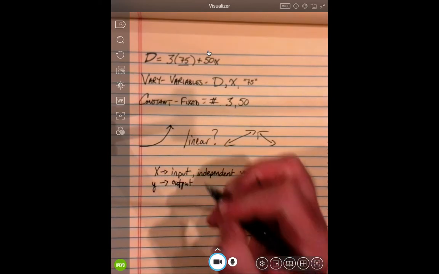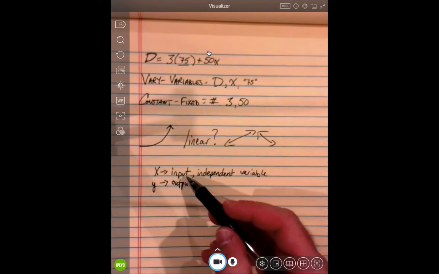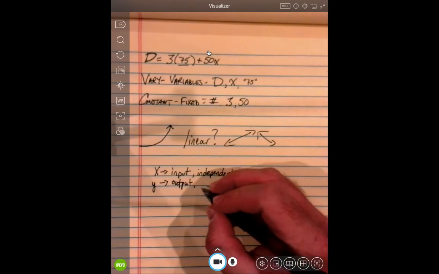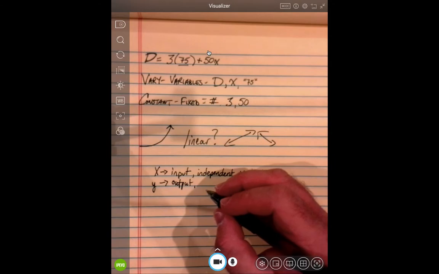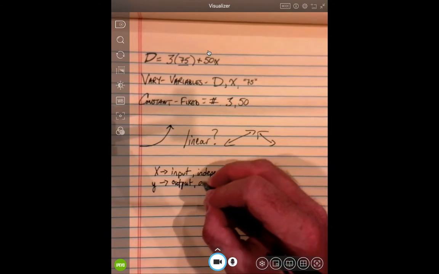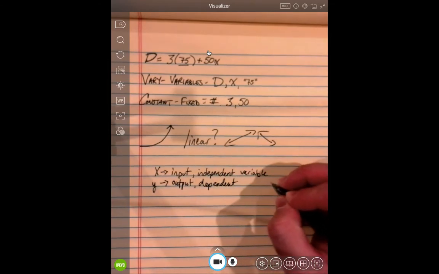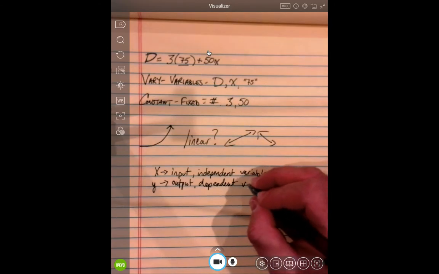Okay, so think of it as a machine. We plug in x, and what we get is the y, which is the output. Okay, then we look here. This was the independent variable. So what do you think y is? Y is the dependent variable.